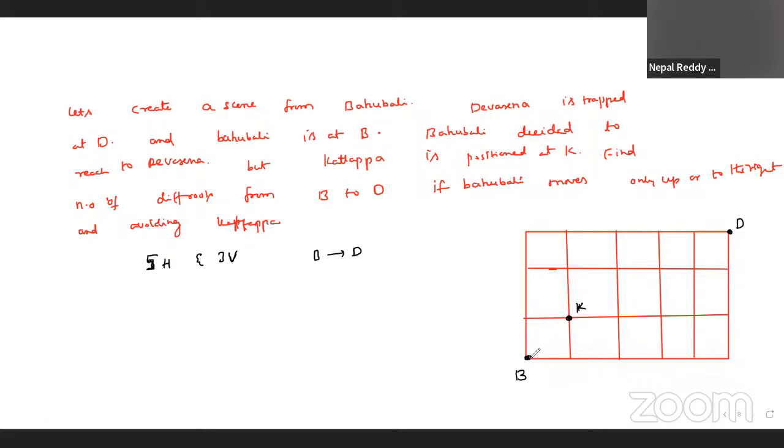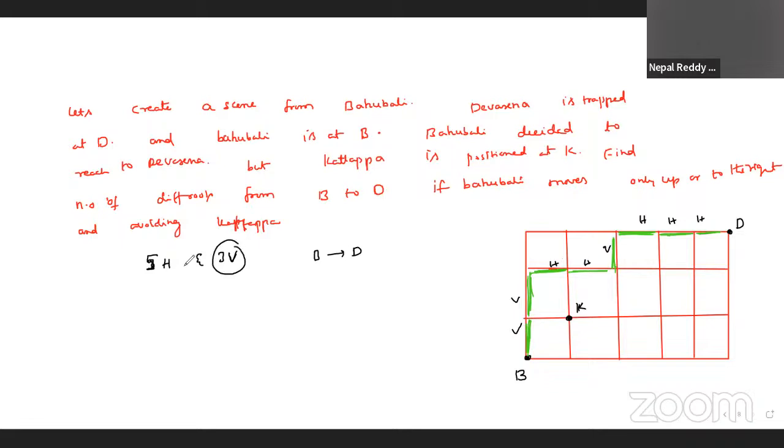Suppose Bahubali decided to reach Devasena like this: vertical, horizontal, vertical, horizontal, and horizontal. There are horizontals 5, verticals 3.